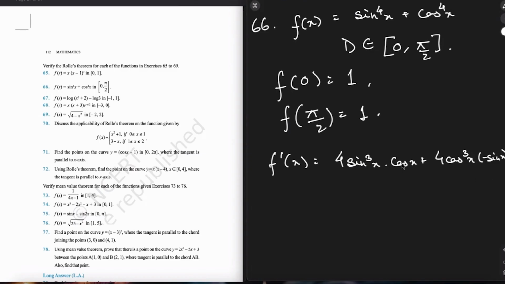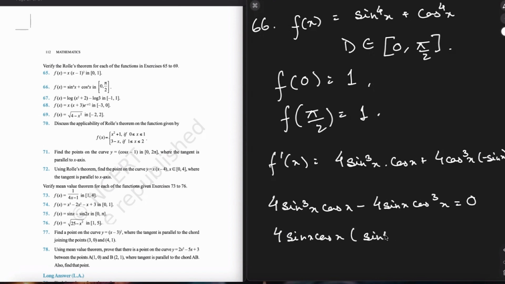This should be equal to 0. Now, I'm solving this. 4 sine cube x cos x minus 4 sine x cos cube x. So 4 sine x cos x (sin square x minus cos square x) is equal to 0.